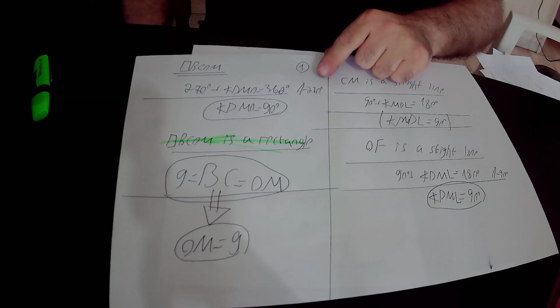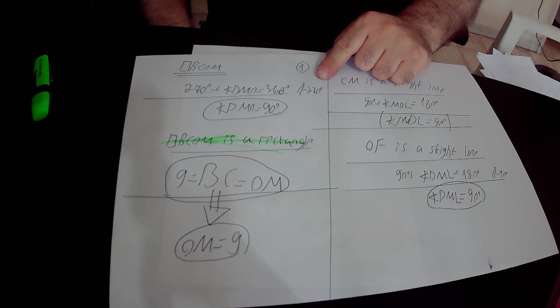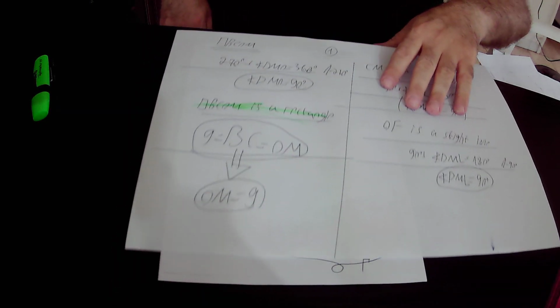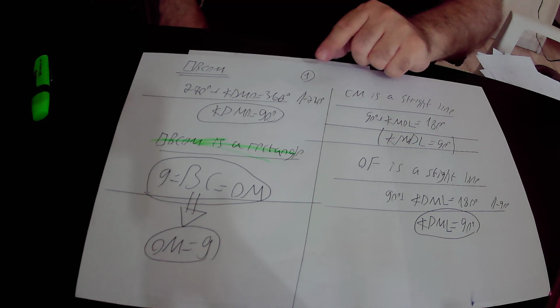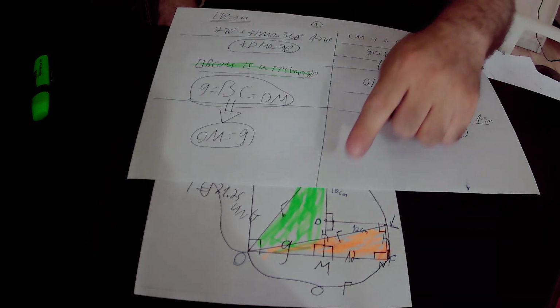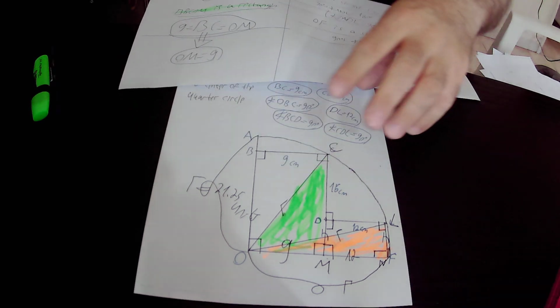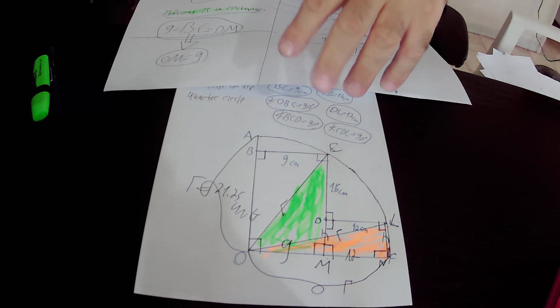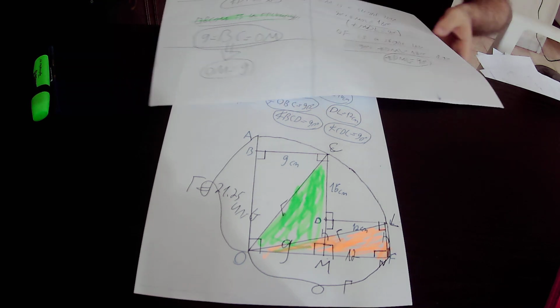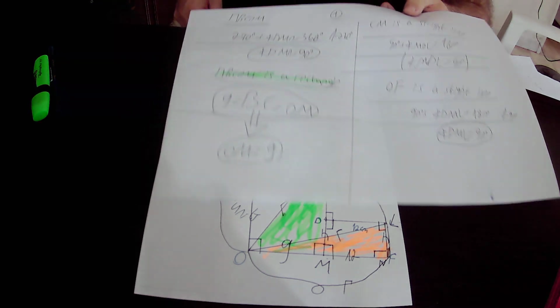Here we subtracted 270 degrees, and we found that the missing angle, angle DMO, equals 360 degrees minus 270 degrees, which is 90 degrees. So in quadrilateral BCOM we have 4 right angles, and any quadrilateral that has 4 right angles must be a rectangle, if not a square.